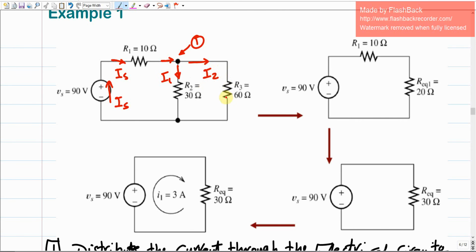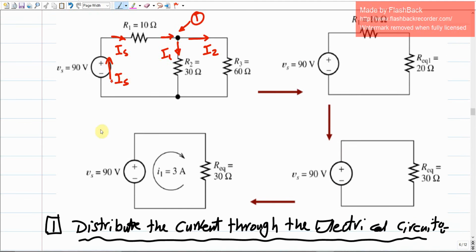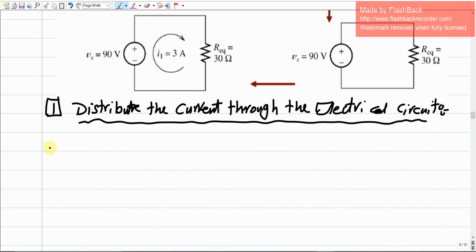So if I ask you how much is the current over R3, you should know that it is I2, and the current over R2 should be I1. Make sense? So given this configuration and this distribution, you're going to move to the next step, which is step 2. And in step 2, your objective is just to calculate.